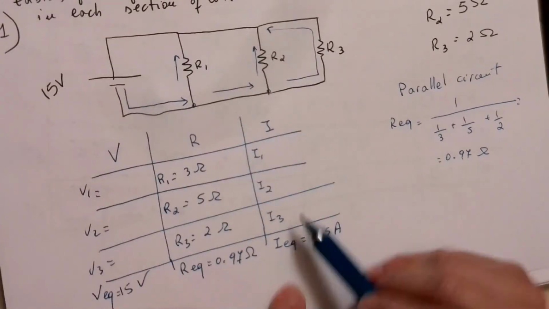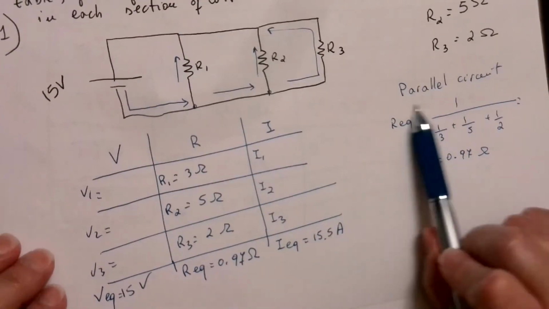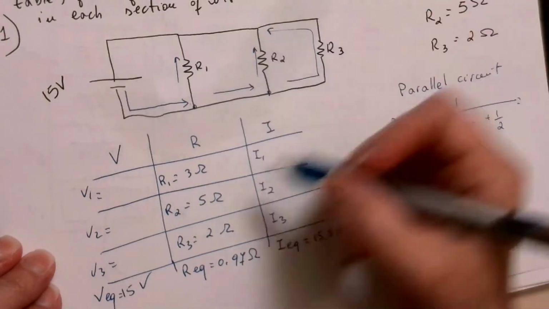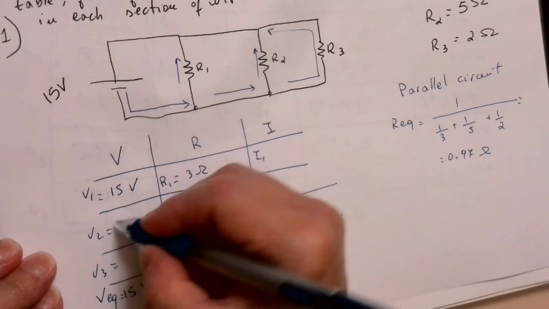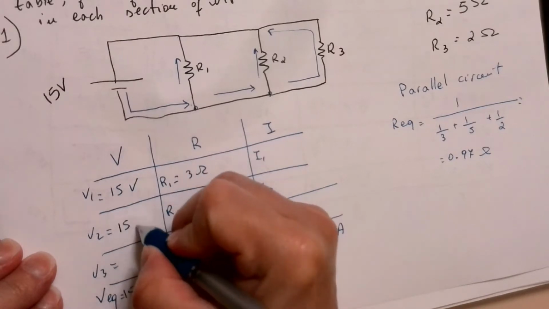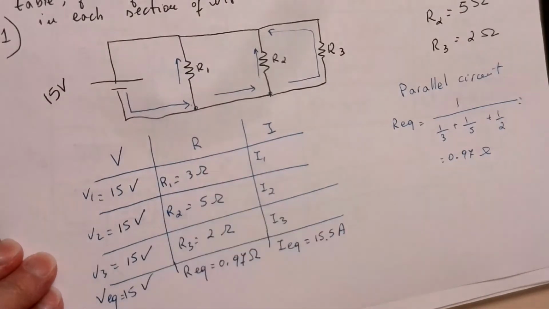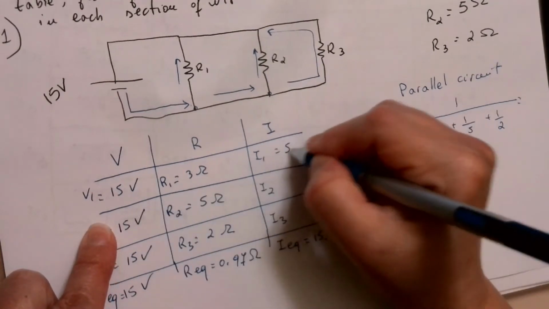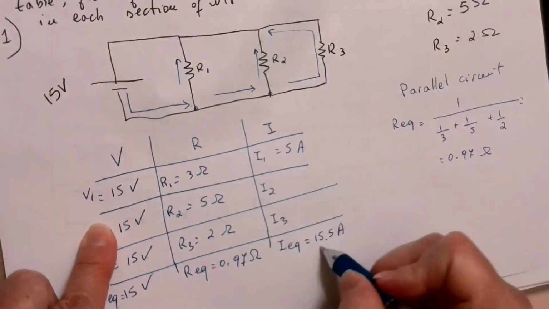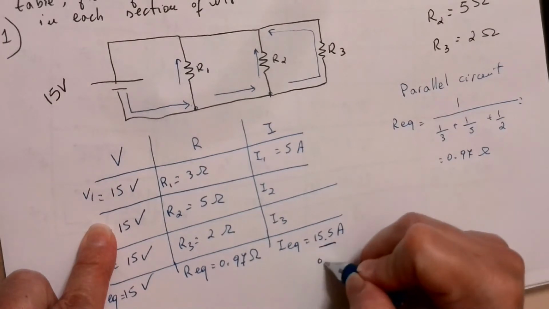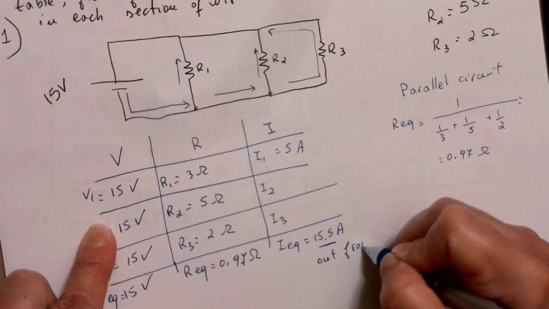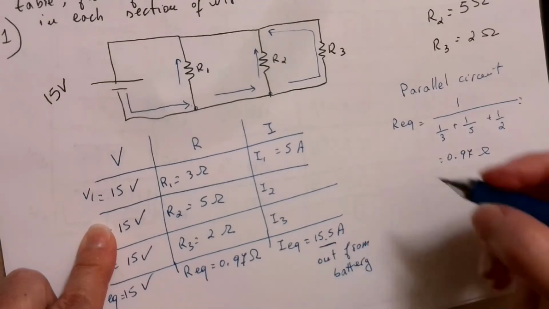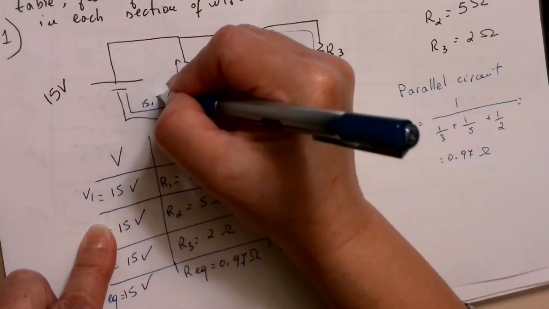At this point it's just a game. This is a parallel circuit. Parallel means all those voltages are the same, so I can fill in this table saying 15, 15, 15. 15 divided by 3 is 5 amps. The current coming out from the battery is 15.5.